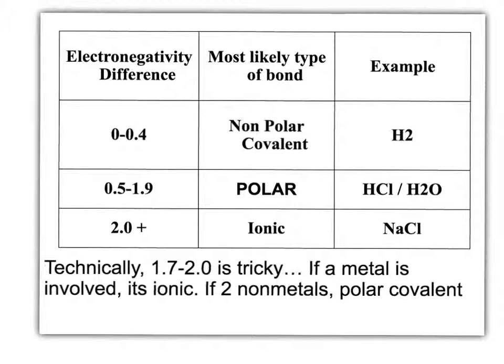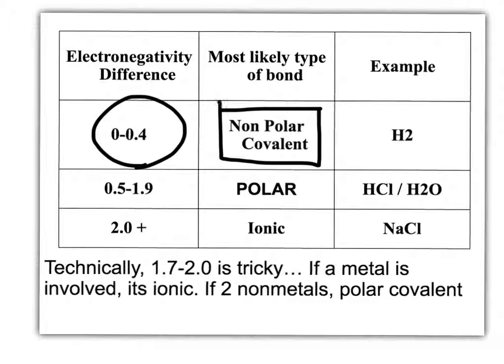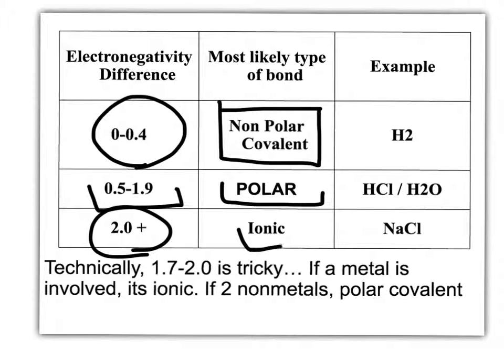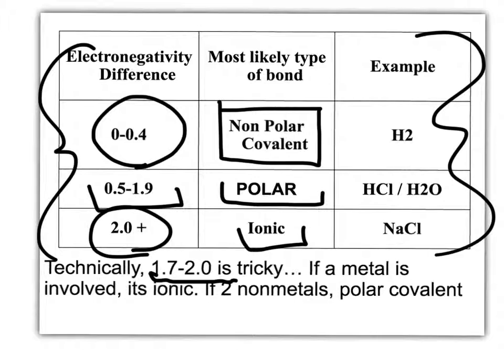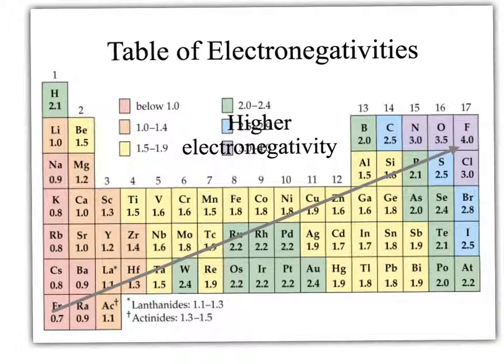If that number comes out to be from 0 to 0.4, then you're going to say that for the most part, this is a nonpolar covalent bond, meaning the sharing is pretty much even. Between 0.5 and 1.9, we're going to say that it's polar, and 2.0 and up, we're going to say that it's ionic. Again, there's kind of a gray area in here, but for purposes of our class, just use this as your guide.